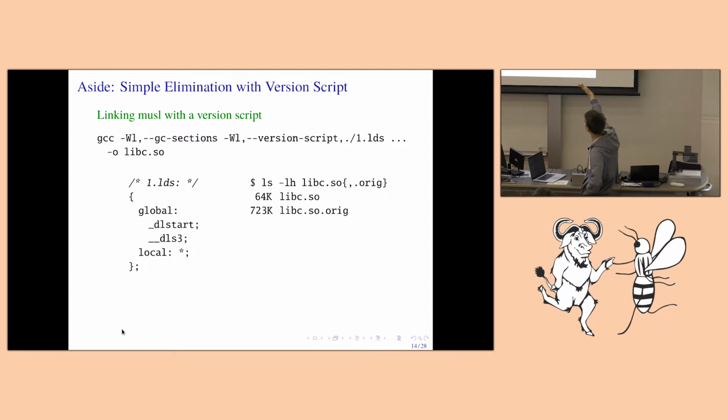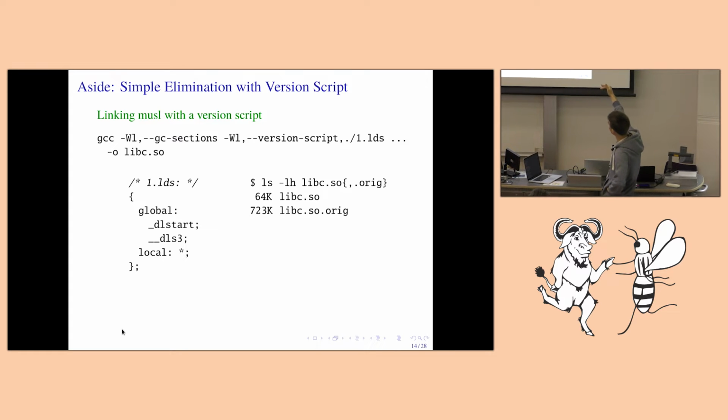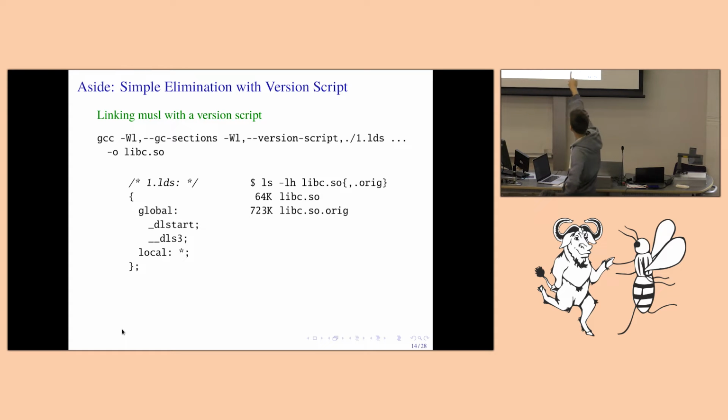In this case, it's musl libc. So we build it, specifying the linker script, and it shrinks quite significantly. In this scenario, only the dynamic loader is preserved. Everything else is thrown away.